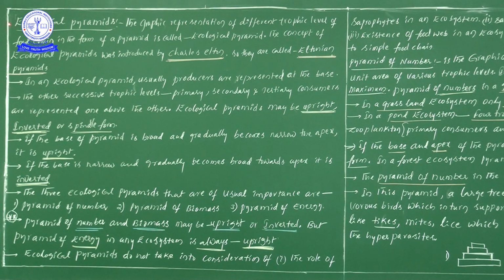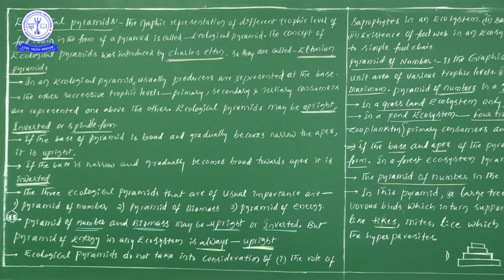Ecological pyramids are the graphical representation of different trophic levels of a food chain in the form of pyramids.